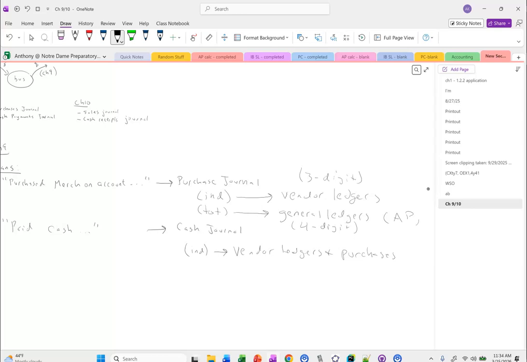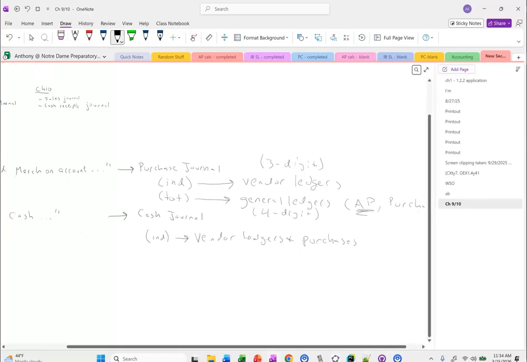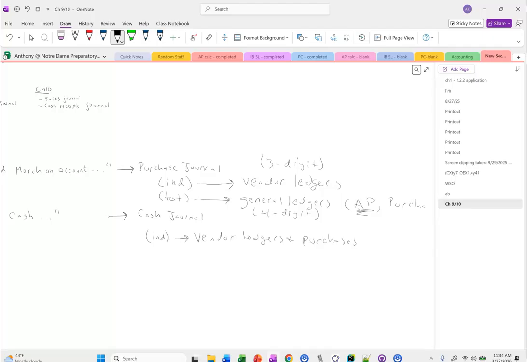So if you're buying from a vendor, that's AP, which is accounts payable, by the way. I was stumbling to come up with that. Depending on the actual transaction will depend on where you'd want to record that.